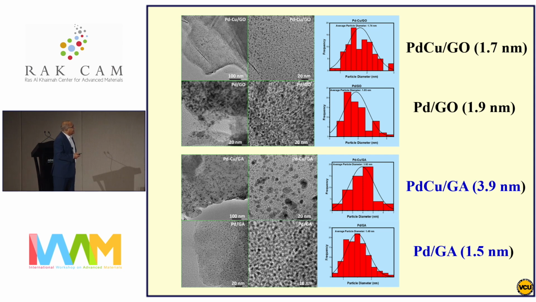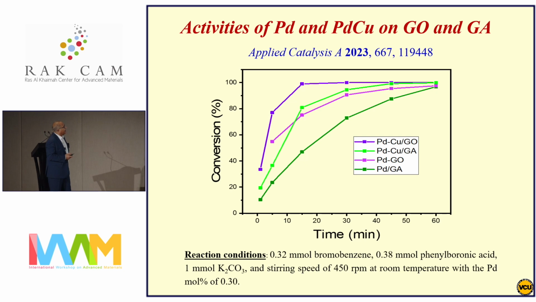Then we look at the activities to compare the bimetallic palladium copper on graphene oxide and the graphene acid. We were actually surprised to see that graphene oxide is still a better support for both palladium copper, and also for the palladium itself, which is this pink curve.